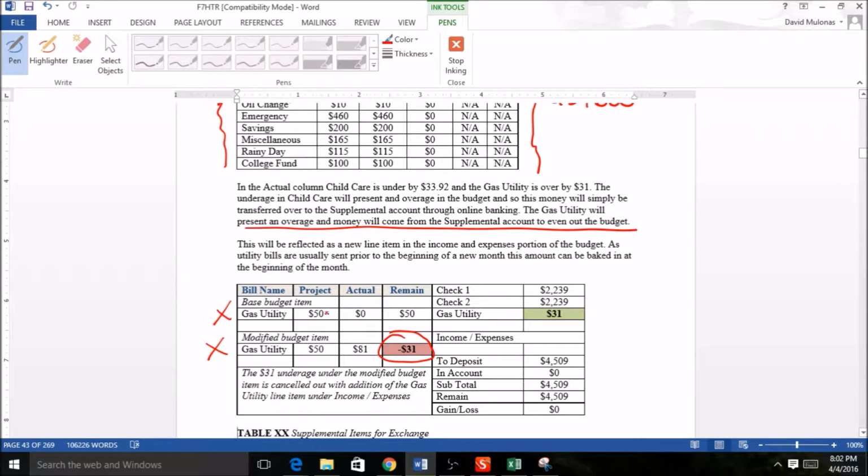So when money from the supplemental account is needed, it's going to come out of there, and this is the new line item. Now that we put this $31 in here, these will cancel each other out. Hence, again, we talk about matching every income with every expense. We end up with a zero balance.